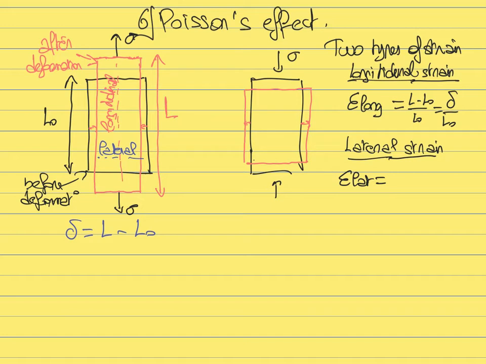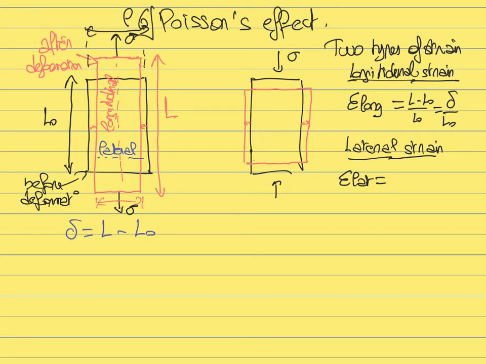If we want to define it, we can define it in the same way. We can look at the difference between the initial lateral length L of the beam and its new length.